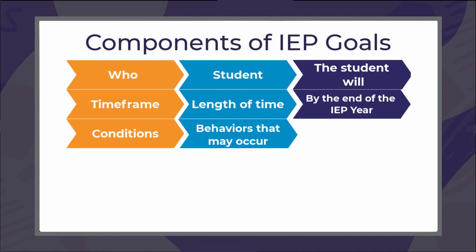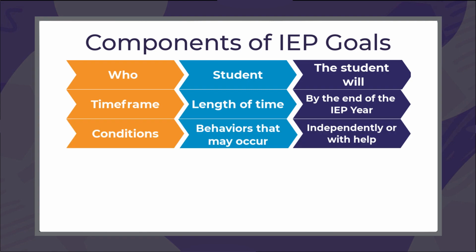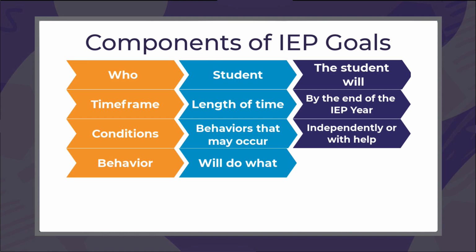The conditions are the circumstances under which the behavior occurs, such as the student independently performing a task, or the student needing a certain amount of help or assistance with a task. The behavior then refers to what the IEP team wants the student to do.